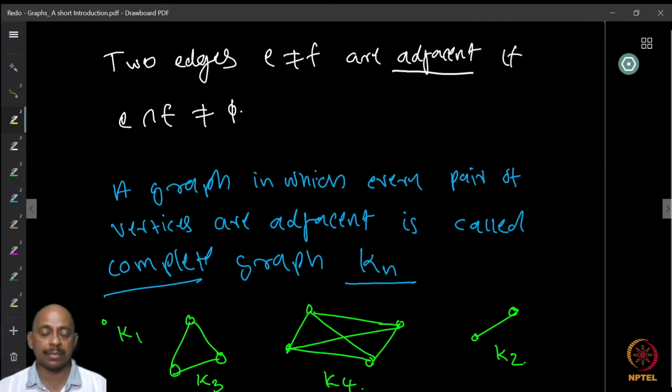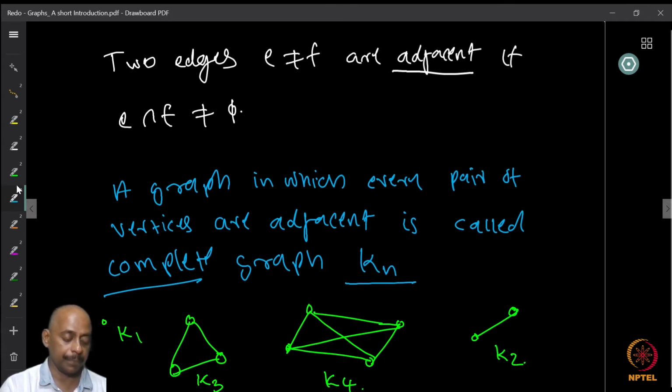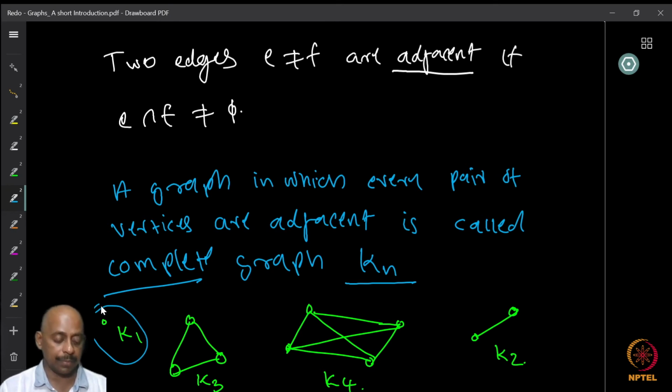Now here are some examples of complete graphs. The first one is K1, which is a one vertex graph, and there are no edges because there is only one vertex. So you have the one vertex complete graph.